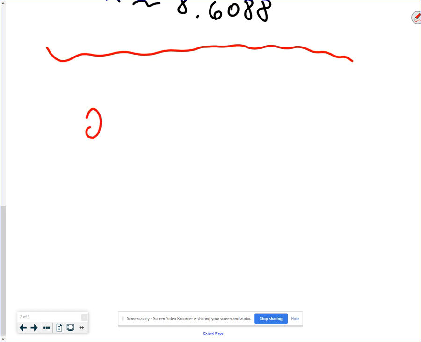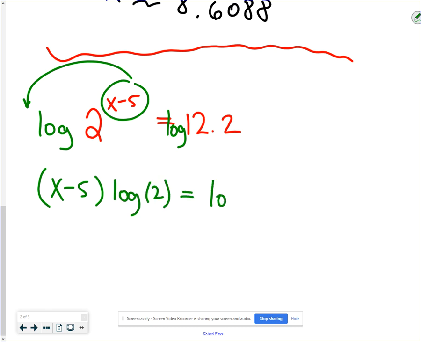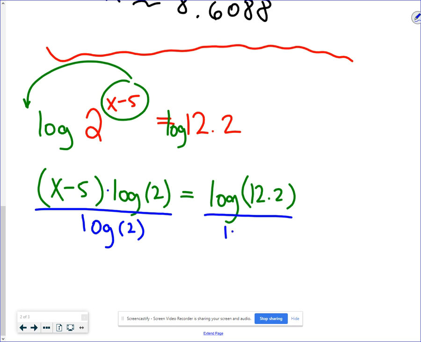So you got 2 raised to the x minus 5 is equal to 12.2. Let's do the log this time. The log of both sides. So this would be the quantity x minus 5 times the log of 2 is equal to the log of 12.2. So now what we could do, instead of using the distributive property, I can just go ahead and divide by the log of 2 here, and divide by the log of 2 over here.